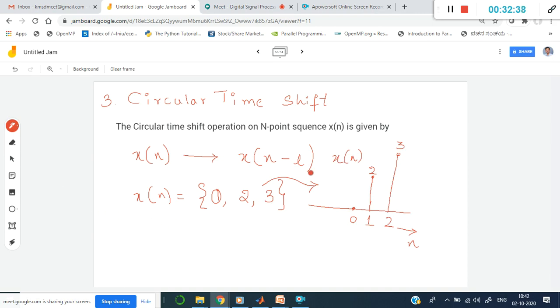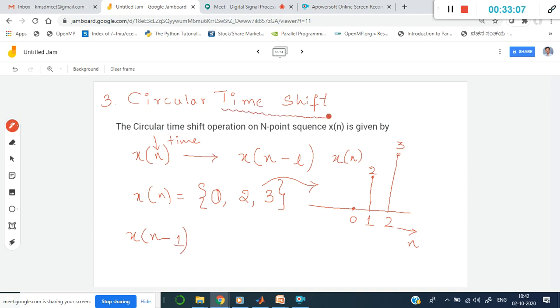Now, if I want to shift this by one time unit, I am shifting x of n. This inner value always talks about the time axis, is it not? So you make it n minus 1, which means I am performing an operation on time.